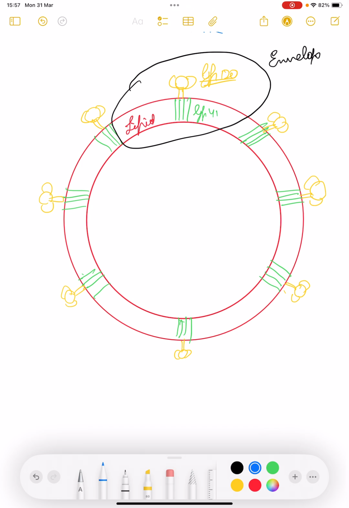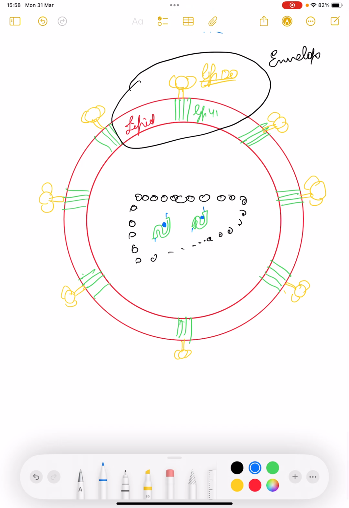If we draw, this is the core. It has two positive sense linear RNA and the viral enzymes.